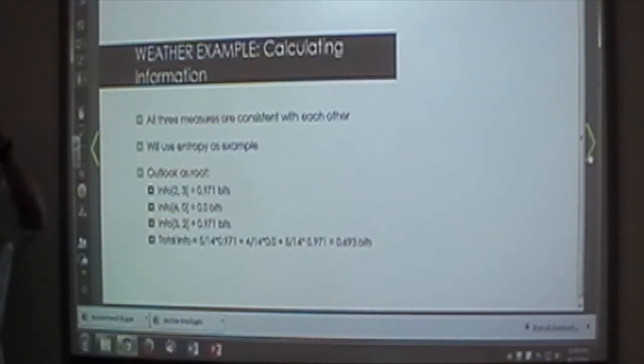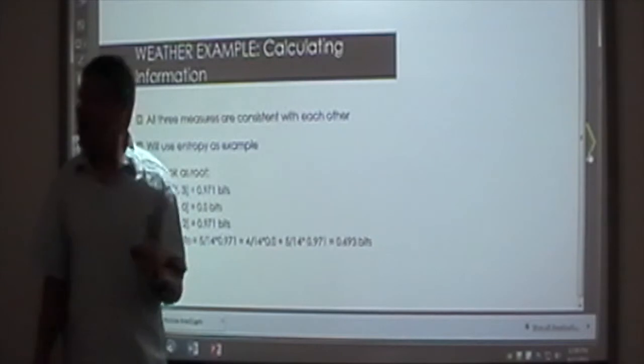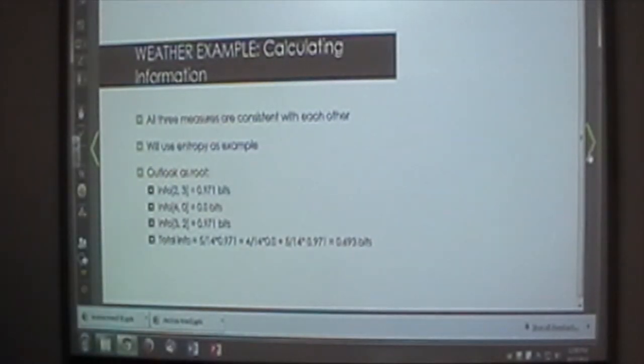What that says is using outlook as my root node, we get 0.693 units left that is available to learn.